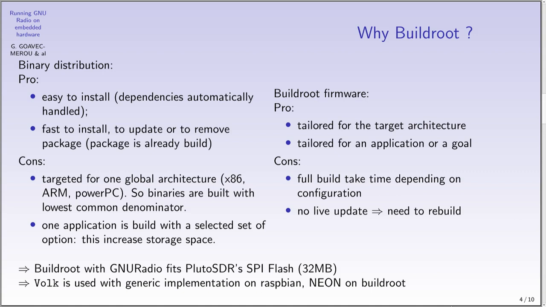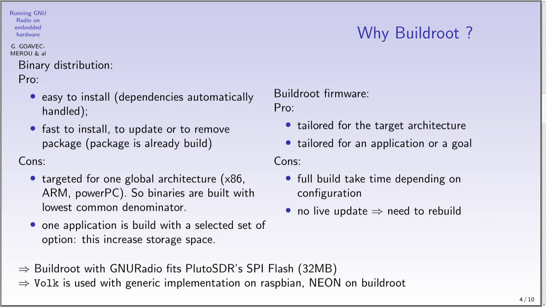The second drawback with this approach is that the maintainer decides which options are set or unset, and consequently, if the maintainer decides to enable everything, the final binaries are big, and this increases the storage space.